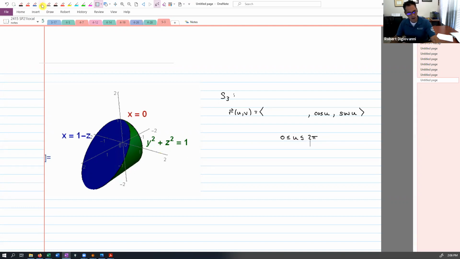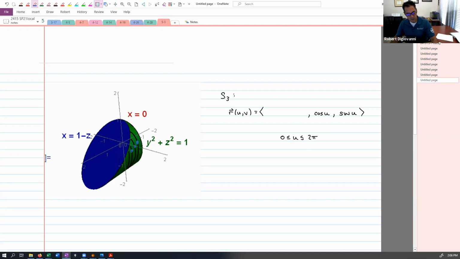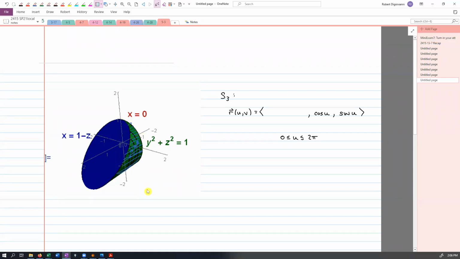Think about this. Right now what I'm drawing are all these little circles. But I want the X values to always be stuck in here somewhere. How do I stick those X coordinates between this and the backside? Is it going to be 1 minus the Z component?